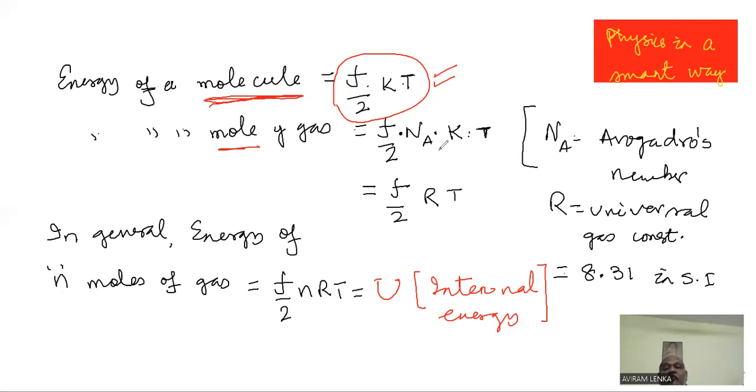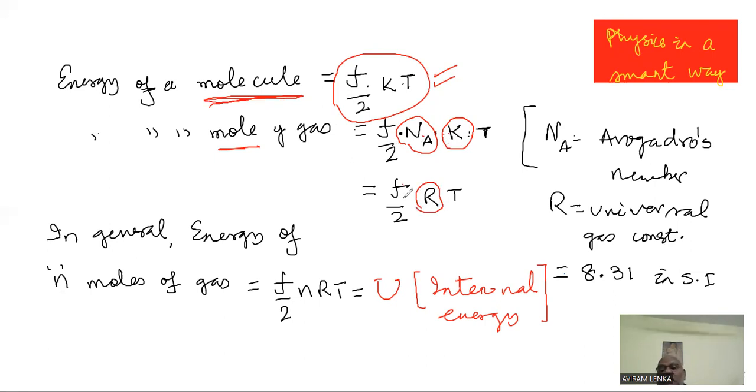When you multiply Avogadro's number Na with the energy of a single molecule, two quantities come up: Avogadro's number and Boltzmann's constant. They are long lost friends. The moment they are multiplied, they create the universal gas constant. So f by 2 into Na into kT is equal to f by 2 into RT, where R is the universal gas constant in physics.